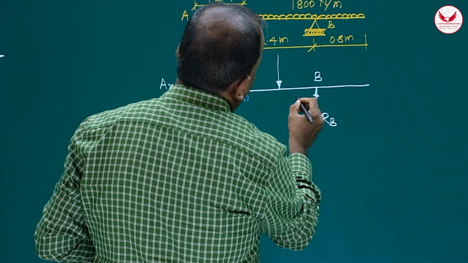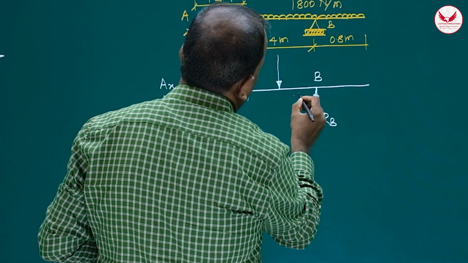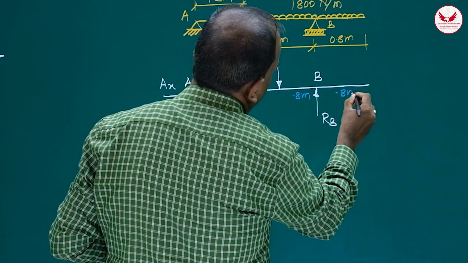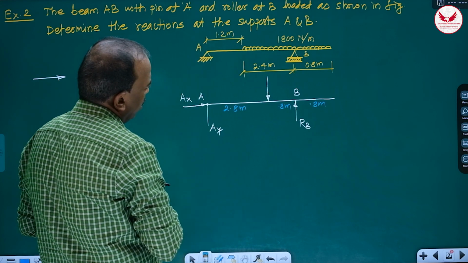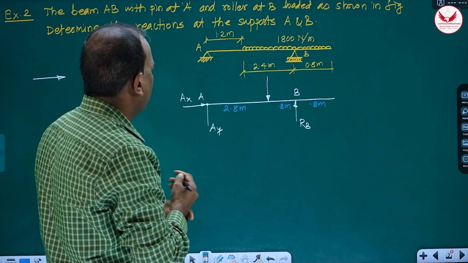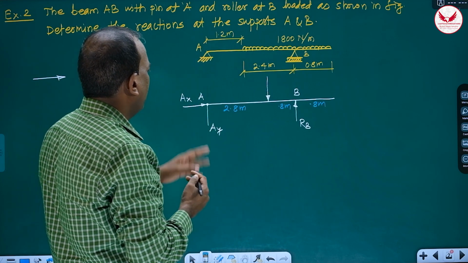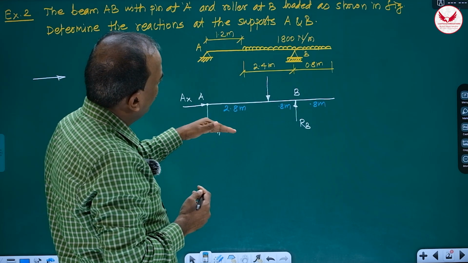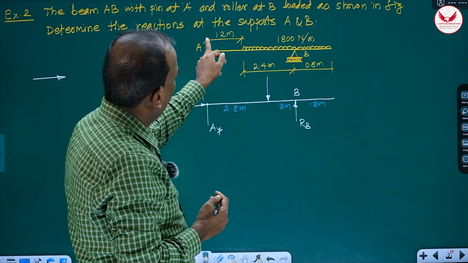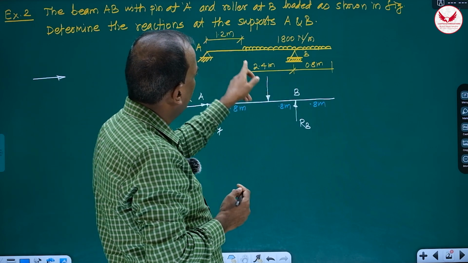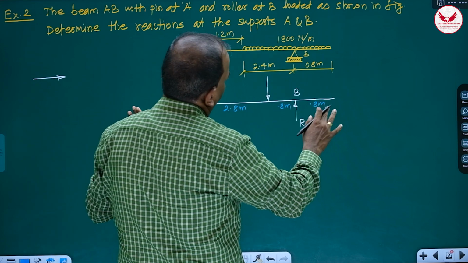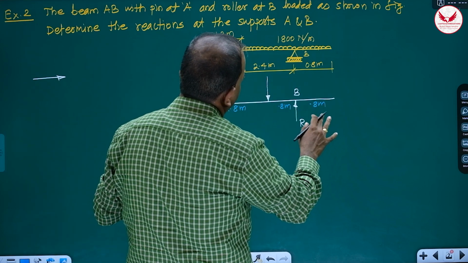So this gap is going to be 0.8 meter and it is again 0.8 meter. So in all, total will be 1.6 plus 2.8, means it is going to be 4.4, and here also 1.2 plus 3.2, it is 4.4, means this free body diagram is correct as far as the distances are concerned.